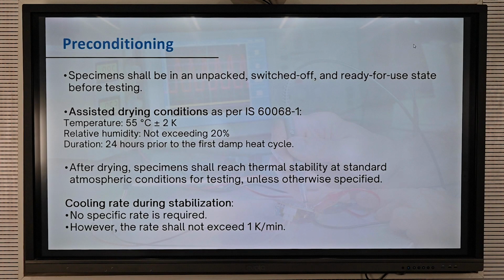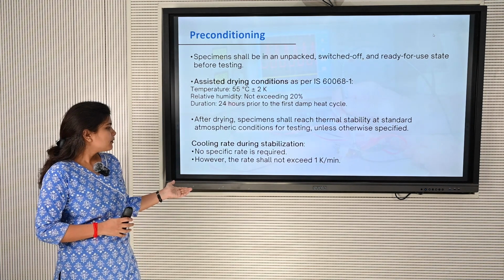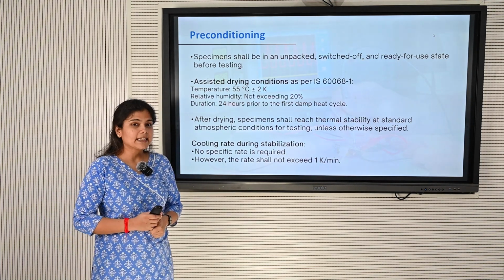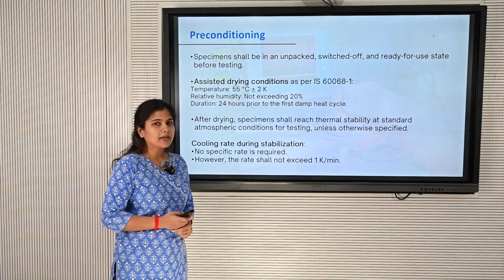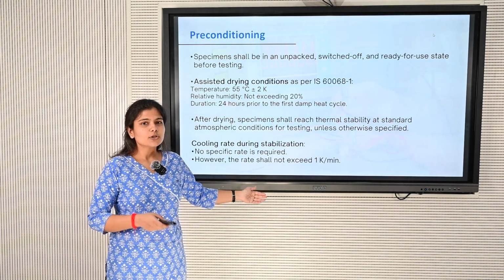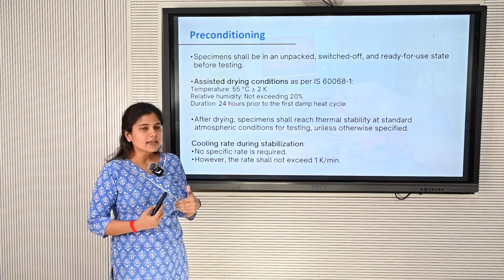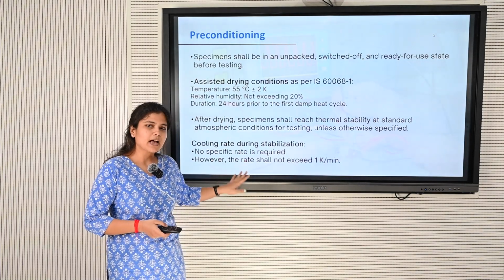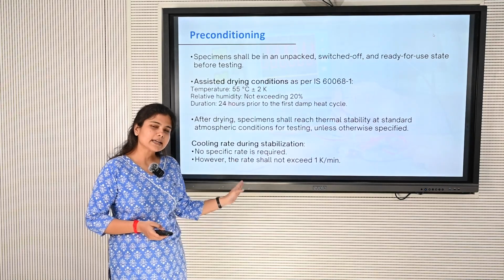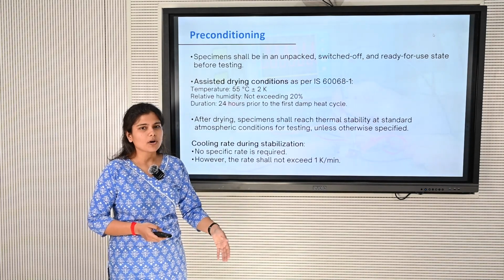No specific rate is required for the composite test, but the rate shall not exceed 1 K per minute, right? So a maximum criterion has been set here. Before doing the test, I have to ascertain that all these conditions are met. Once all these conditions are met, we will go straight to testing the product.